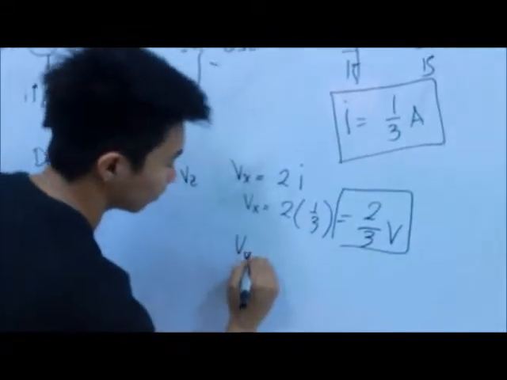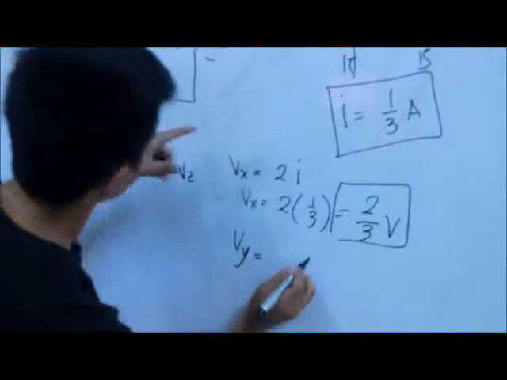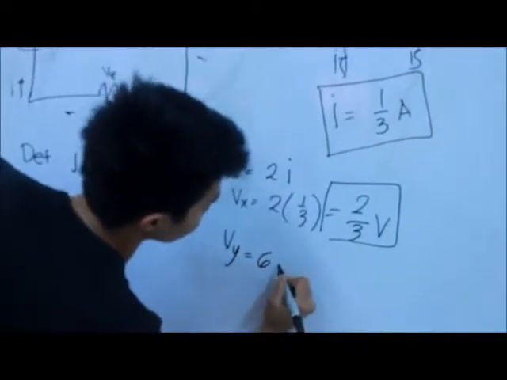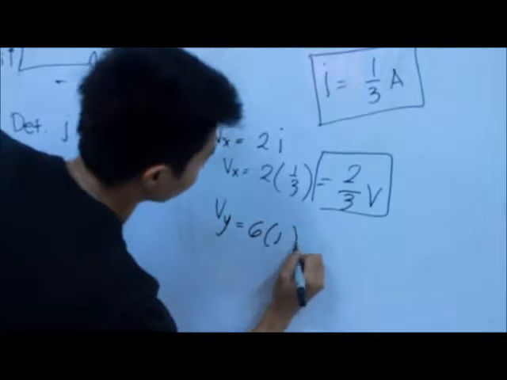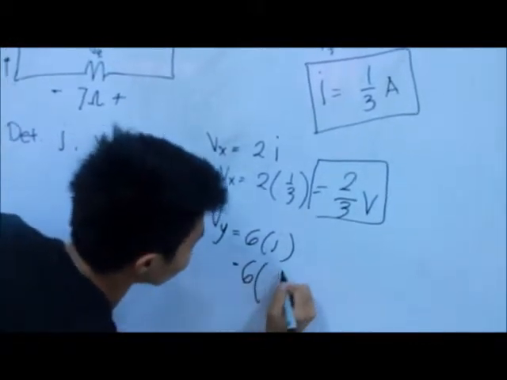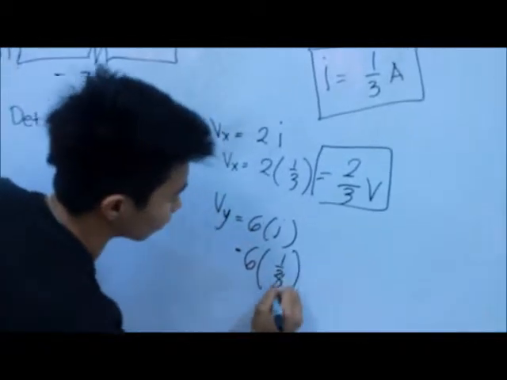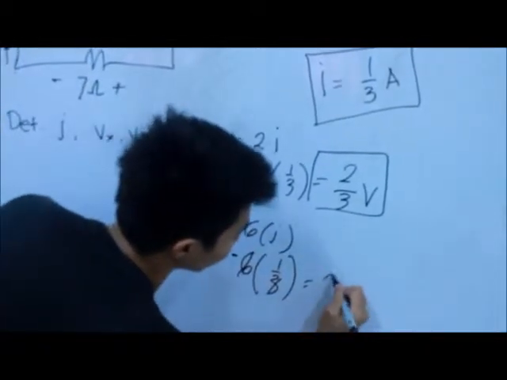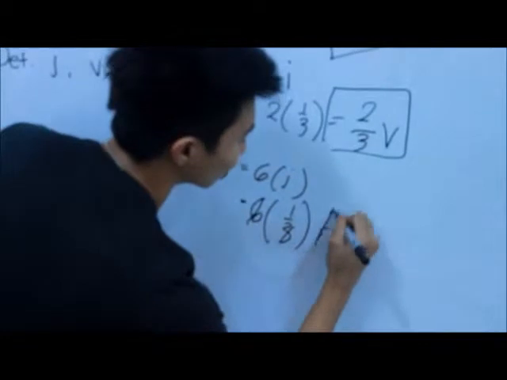Vy is equal to 6I, which is 6 times 1/3, equal to 2 volts.